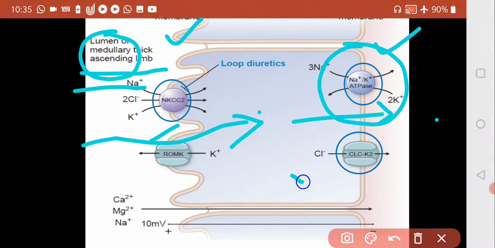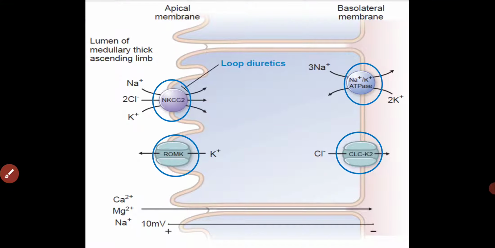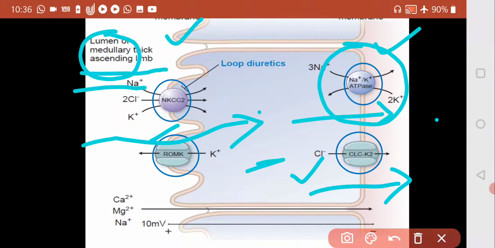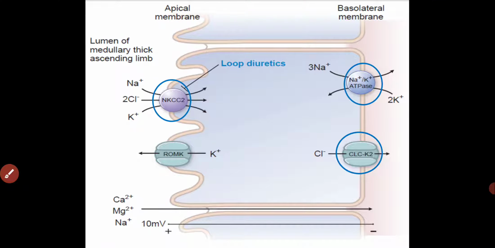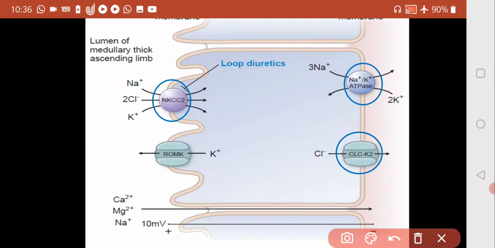This chloride channel takes the chloride from the cell to the inner side, into the blood. Also there is a potassium channel, which excretes the potassium into the lumen.